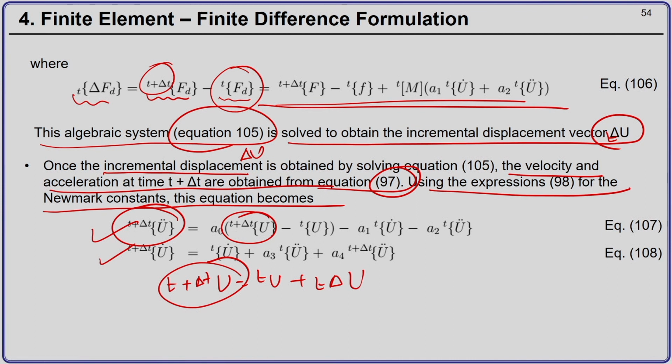Once you have the acceleration at t plus delta t and the displacement at t plus delta t, you can get the velocity at t plus delta t, where you will use the acceleration at t plus delta t. So, from equations 107 and 108, you can get the velocity and acceleration at t plus delta t. Once you know the displacement, velocity and acceleration at time t plus delta t, you know everything.